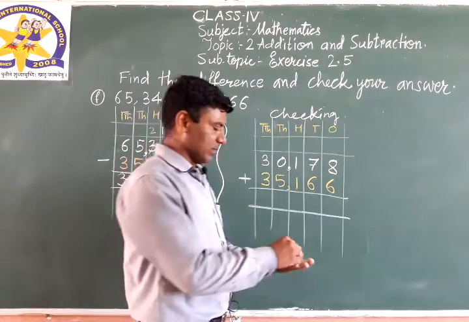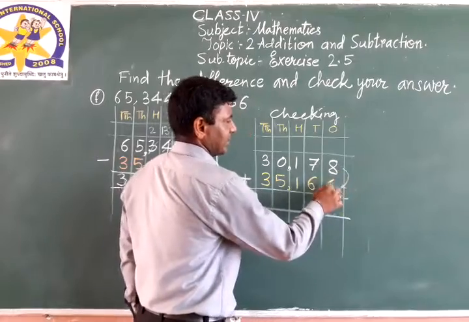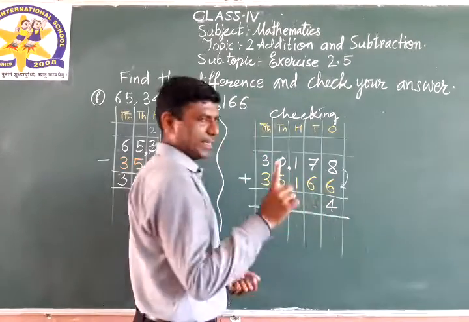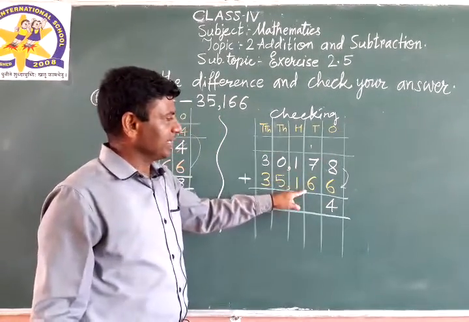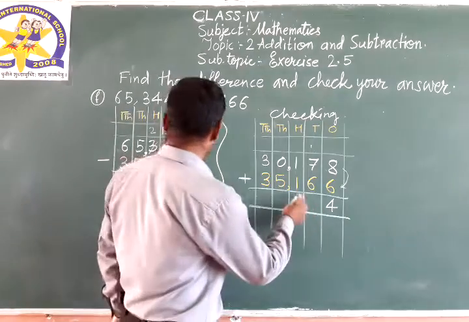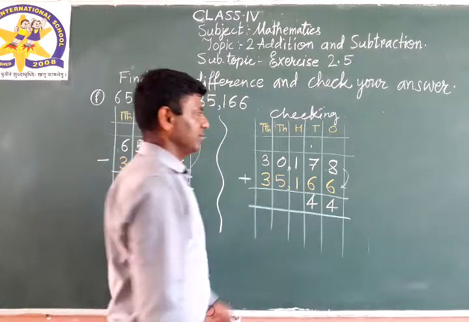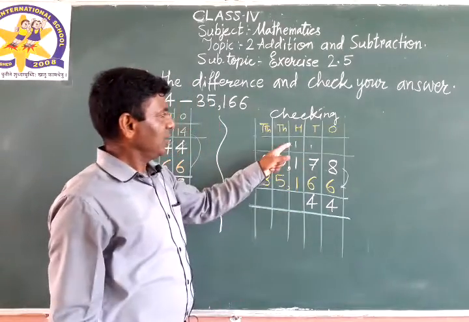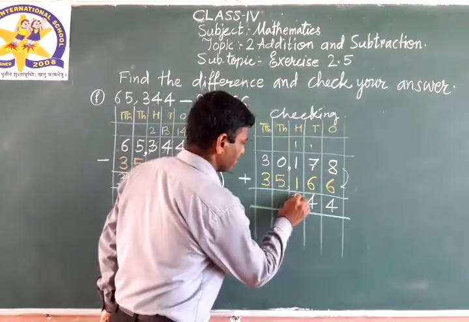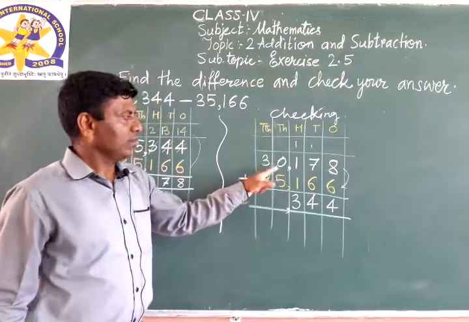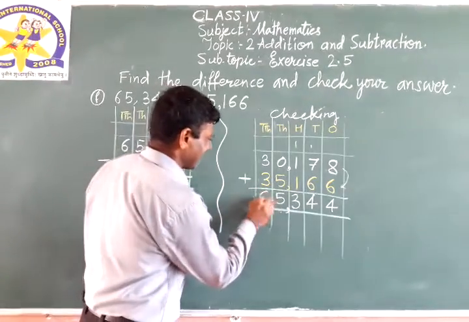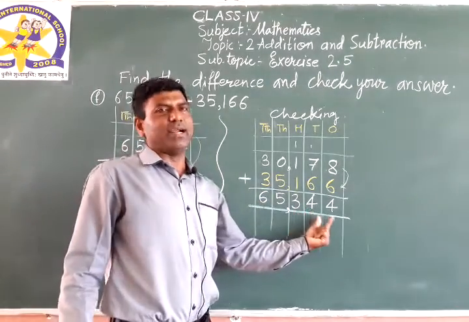Understand? Now add 6 plus 8, 14. 4 carry 1. 6 plus 1, 7. 7 plus 7, 14. 4 carry again 1. 1 plus 1, 2. 2 plus 1, 3. 0 plus 5, 5, and 3 plus 3, 6. 65,344.